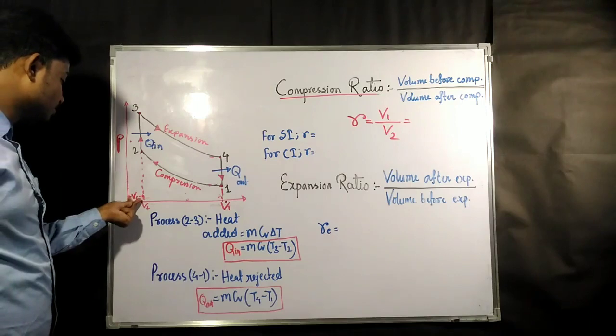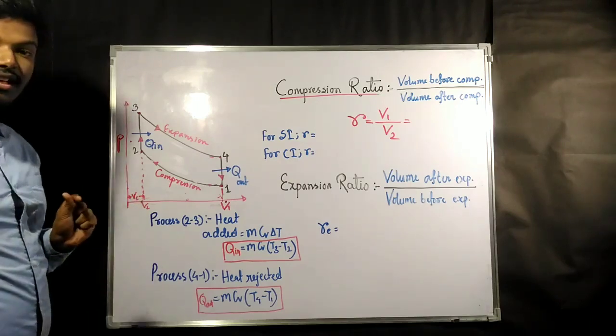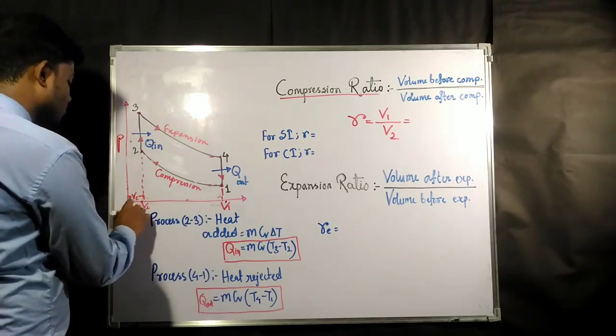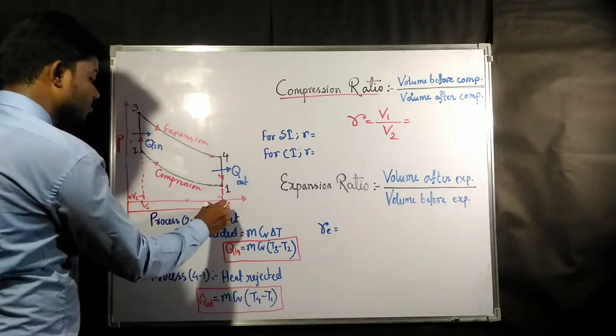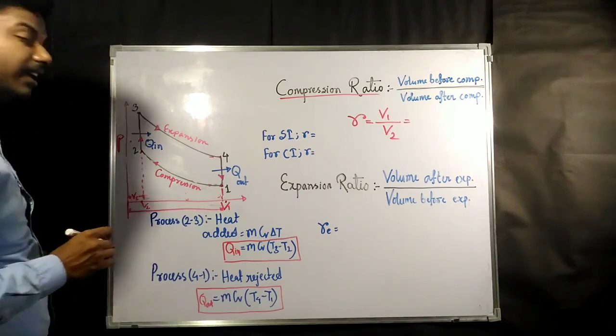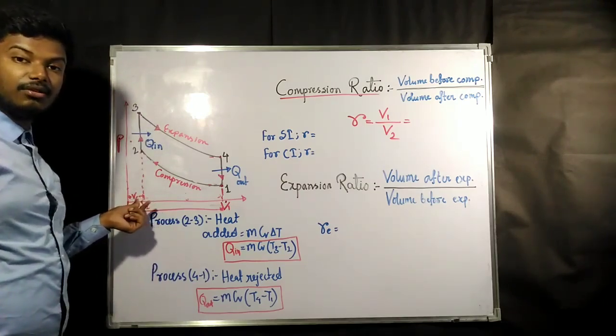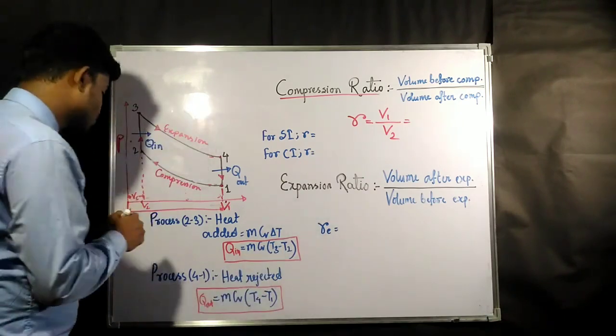Okay, so V2 is going to represent the clearance volume, and V1 is what? If you measure it from the origin, the total length is going to be your V1. Now you can see up to V2 it was VC, or the total volume has been compressed to the clearance volume.